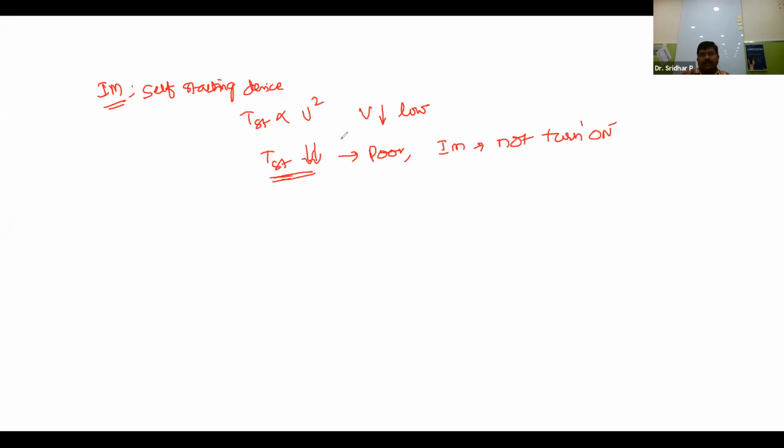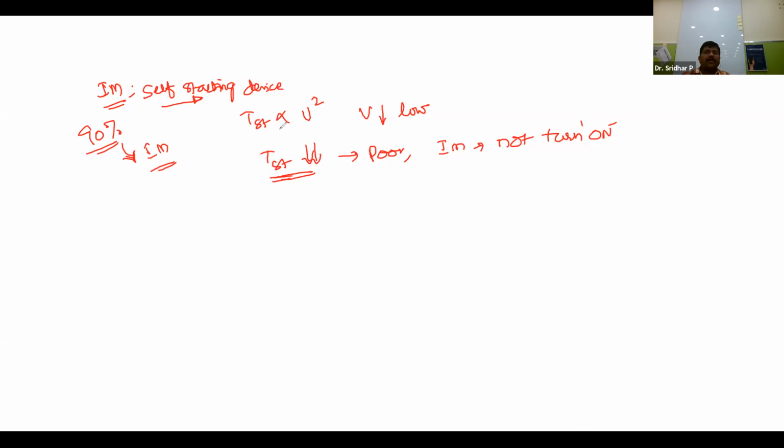In industry, almost 90% of machines are induction machines only. Why are the majority of machines induction in nature? Because the beautiful property they have is that they are self-starting devices.